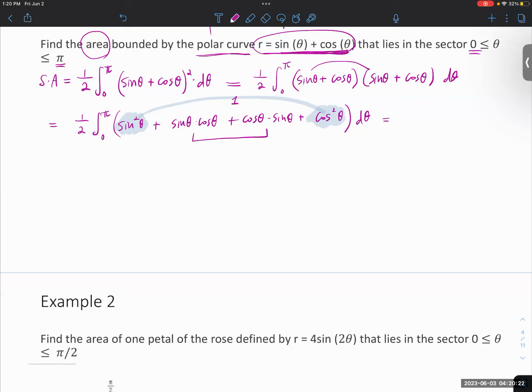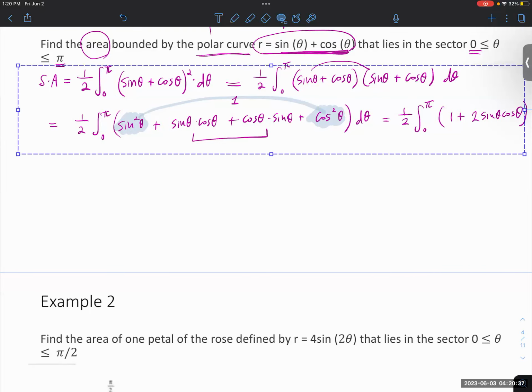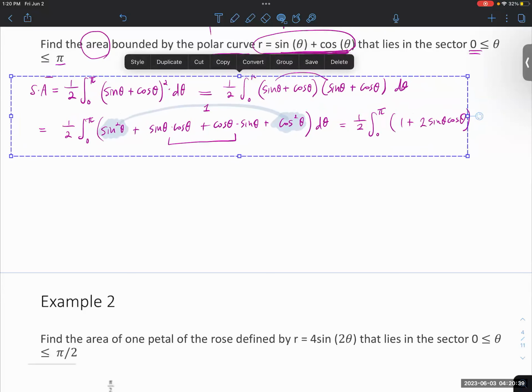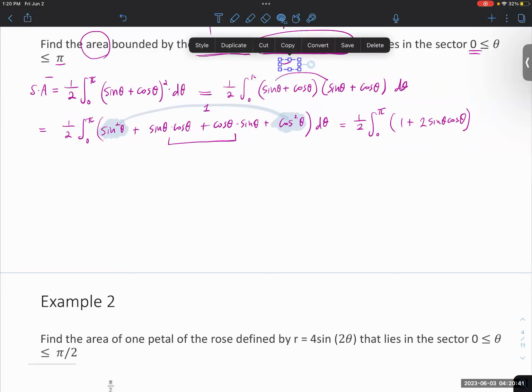So this is going to be 1/2, 0 to pi, and I have a 1 plus 2 sine theta cosine theta, because you have the same thing twice. So we are going to take the integral. Are you following? Let me separate them.